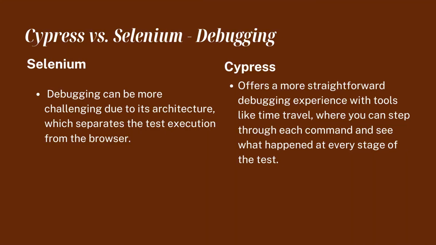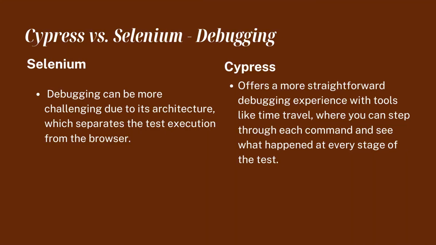Nothing to do with the functionality, but there's definitely an upkeep and maintenance that goes into Selenium frameworks and test scripts. Whereas Cypress offers a more straightforward debugging experience with tools like time travel, where you can step through each command and see what happened at every stage of the test.